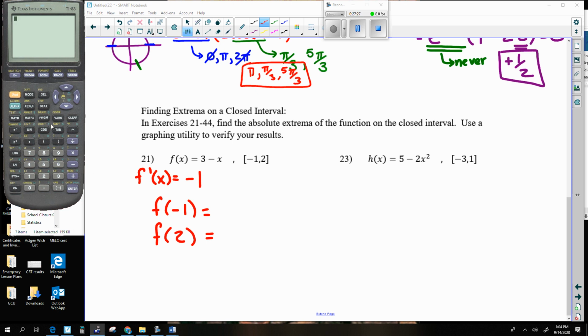What I do is store that number as the letter x. I type -1, then use the STO button, and then the x theta n button, which comes out as the letter x.